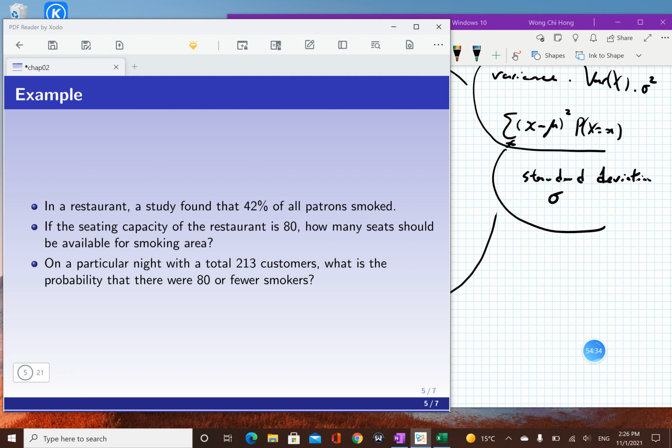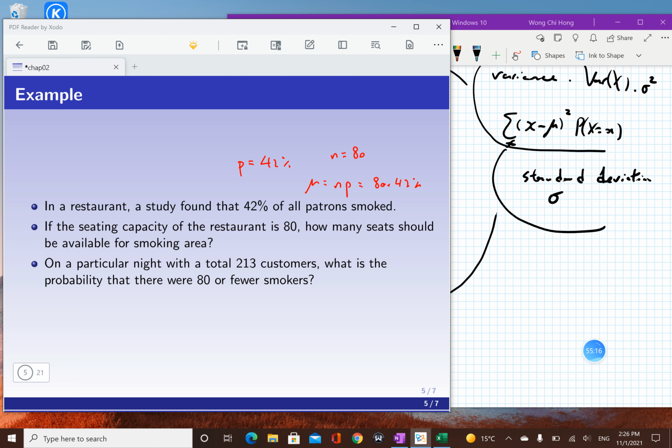So if I have a capacity of 80, if my restaurant can fit 80 people, how many seats should be available for the smoking area? Given that I've got 42% for a customer to be a smoker, and I've got 80 seats, you can see that if n equals 80, then the mean value n times p equals 80 times 42%.